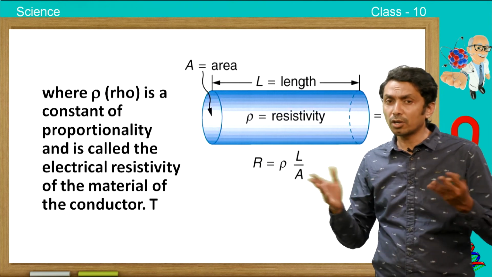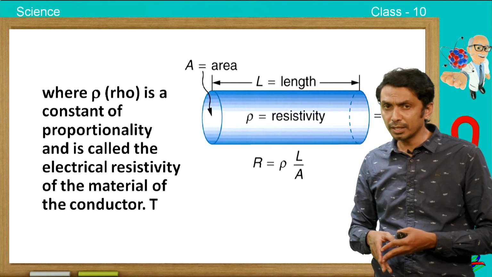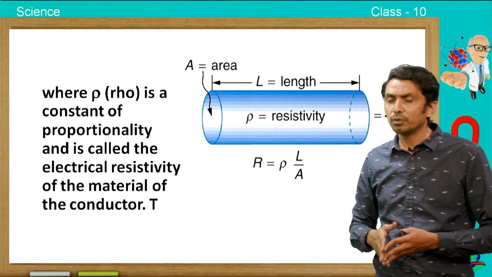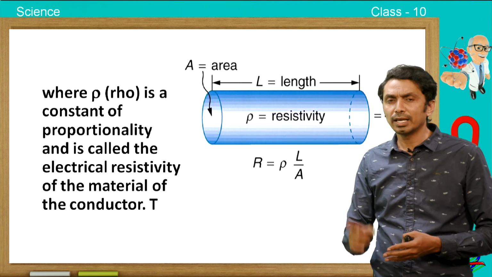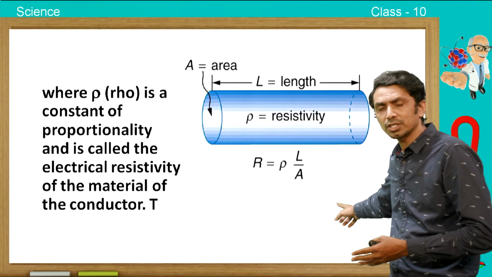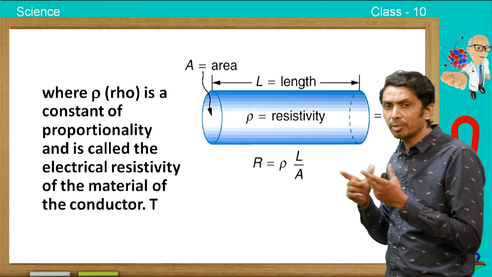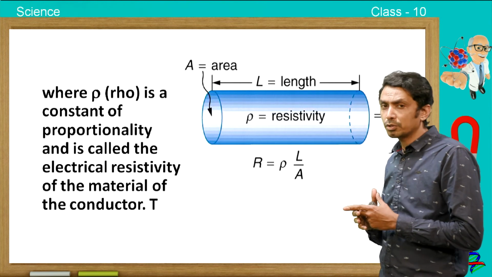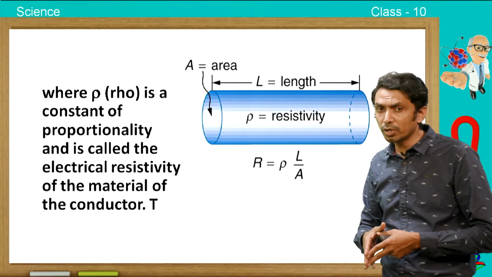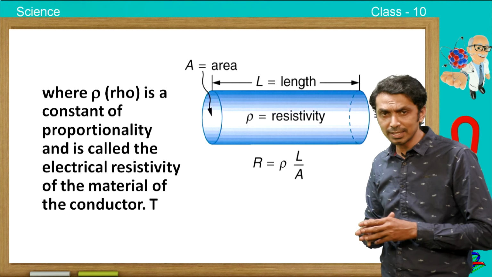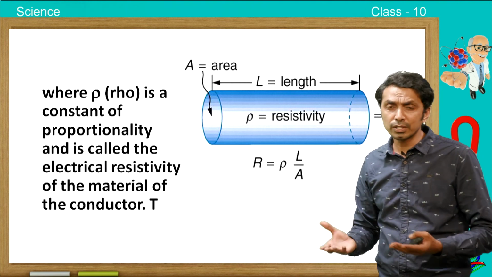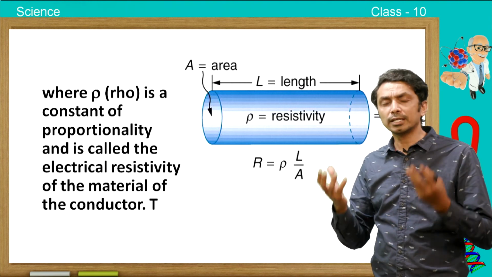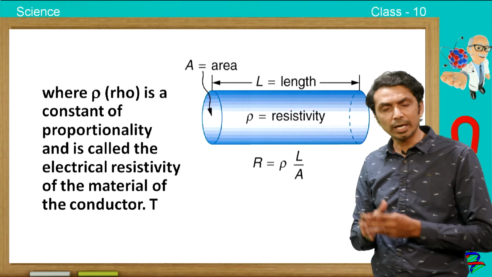Both of them are not of the same length, right? That is why we should have unit length and unit area of cross section and then compare copper and aluminum to see which has more resistance and which has lesser resistance. This will help us to choose any conductor based on our requirement.